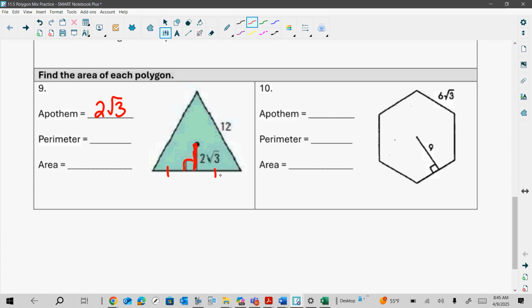Yes, because they have given us the side, which is 12. So what would be the perimeter of our triangle? 36, yeah. We just did 3 times 12.